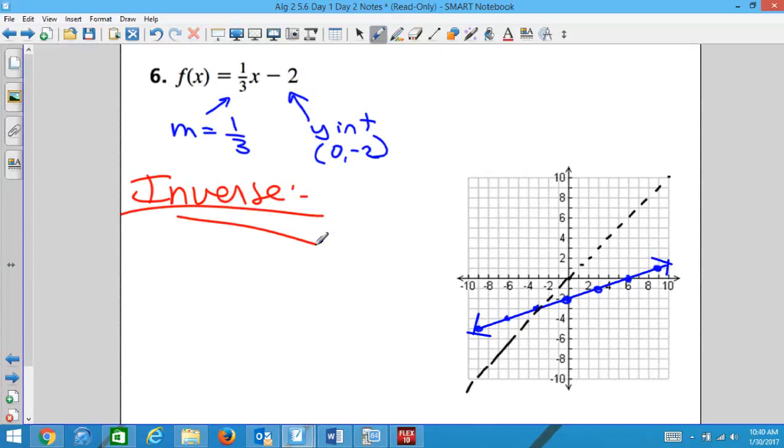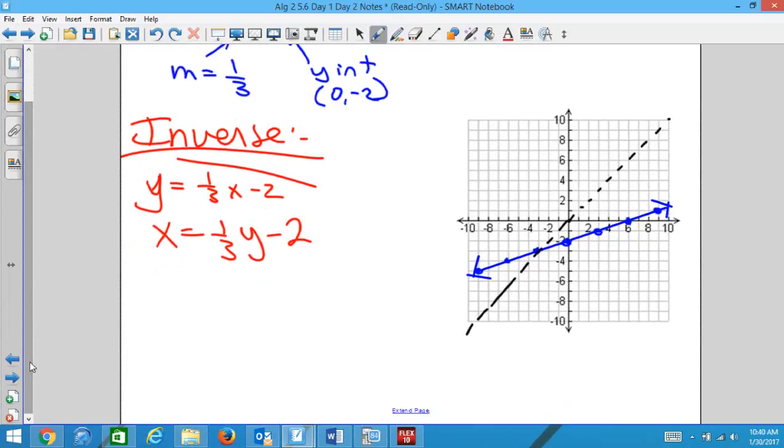We're going to find our inverse. We're going to first write y equals. Then we're going to switch x and y. And you have to inverse your operations. So we're going to do what? We're going to add 2.